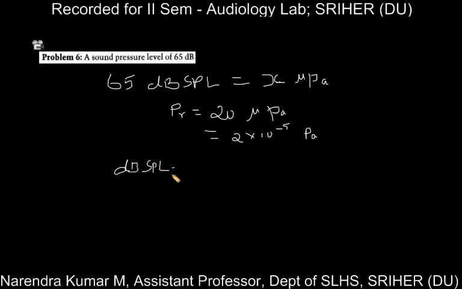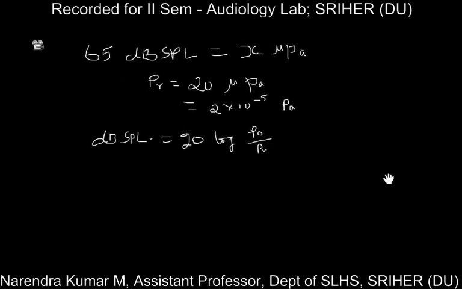The dB SPL formula is 20 log P0 by PR, and P0 is the value we need to find, so let us take that as X. Now substituting the known values, 65 is equal to 20 log X by 2 into 10 to the power minus 5, the reference value.